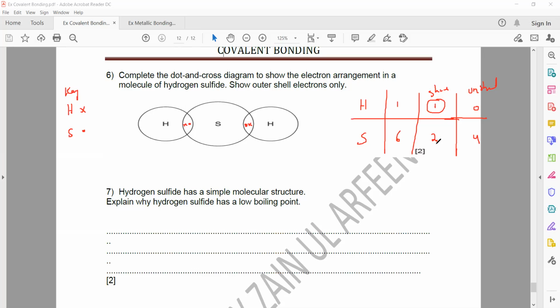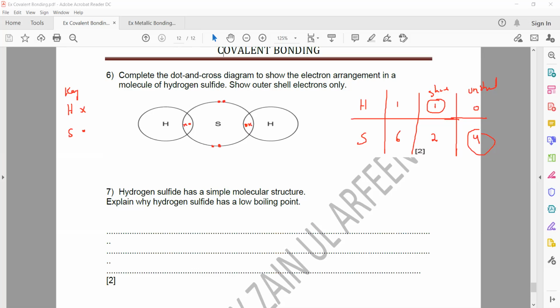So sulfur maximum shares 2, that's done, one on the right, another one on the left. And each hydrogen shares 1 electron. Then the unshared electrons, 4 unshared electrons, so 1, 2, 3, 4. This is the structure of hydrogen sulfide.